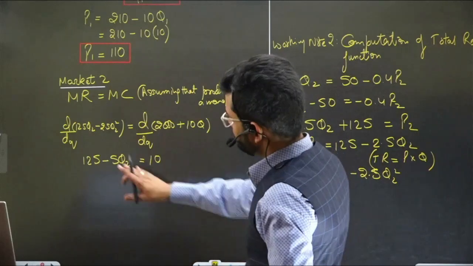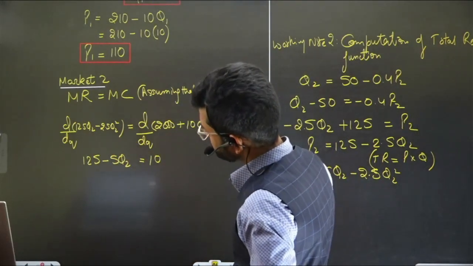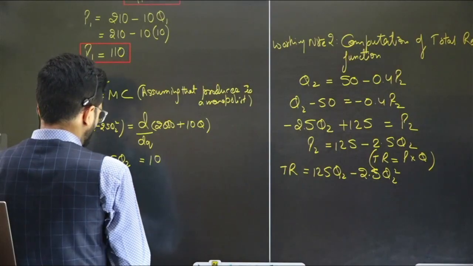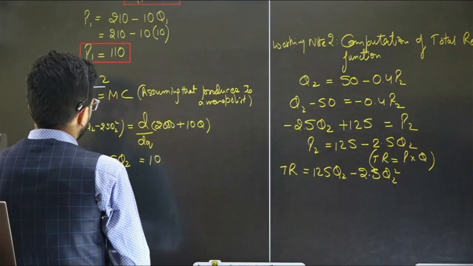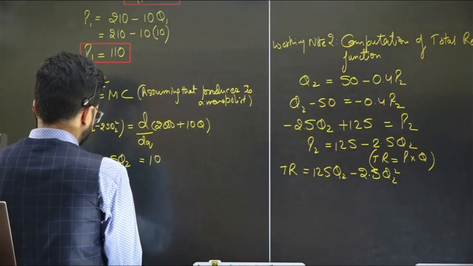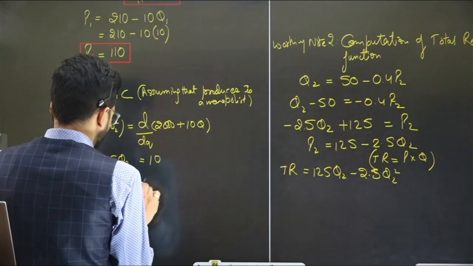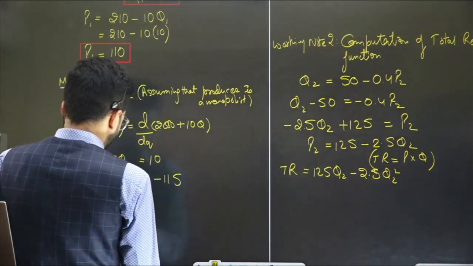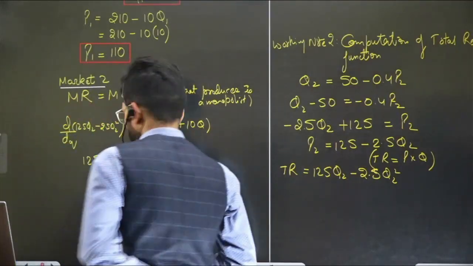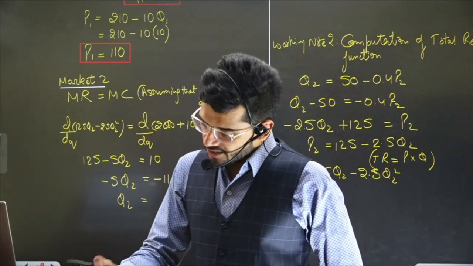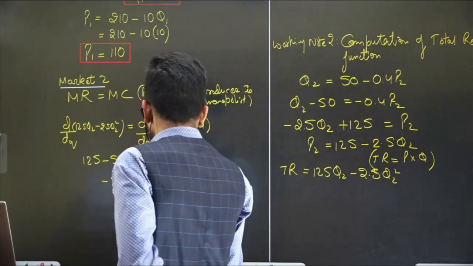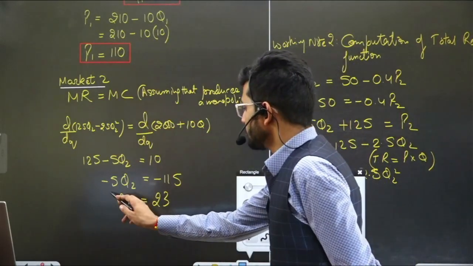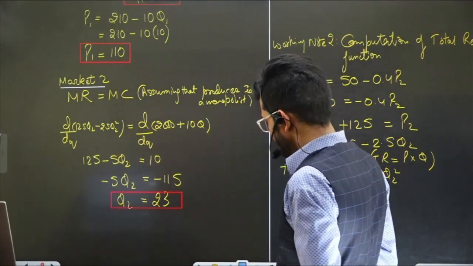That is 125 minus 5 Q2 equals 10. So minus 5 Q2 is equal to minus 115. So Q2 is equal to 115 divided by 5, which is 23. So 23 is the profit maximizing output for market number 2.